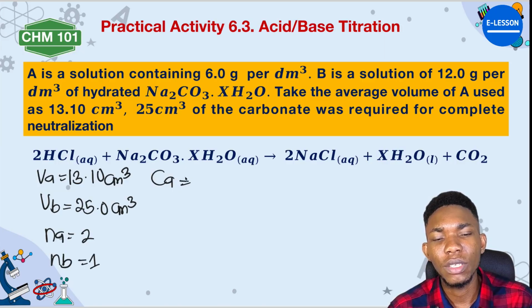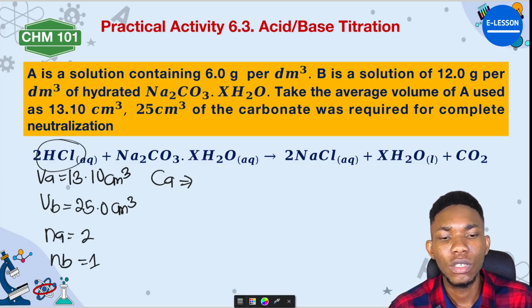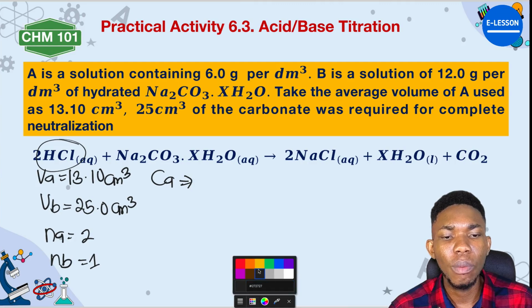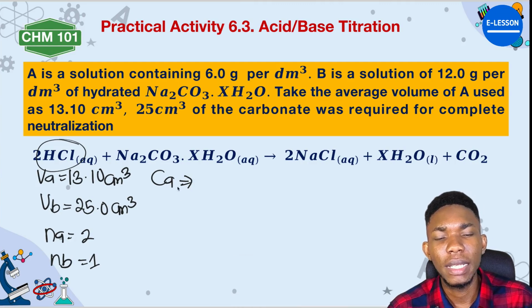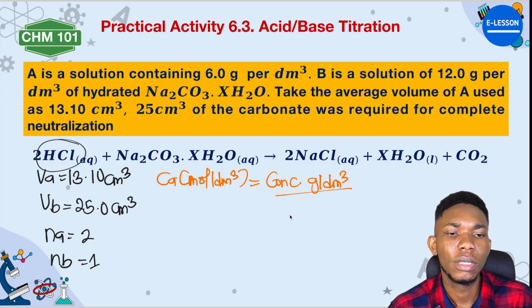I told you that to calculate concentration in mole per dm cube, it is concentration in gram per dm cube divided by the molar mass. In this case, it was HCl that was given. So we can say Ca in mole per dm cube, my dear student, write it, is equal to concentration in gram per dm cube divided by the molar mass.